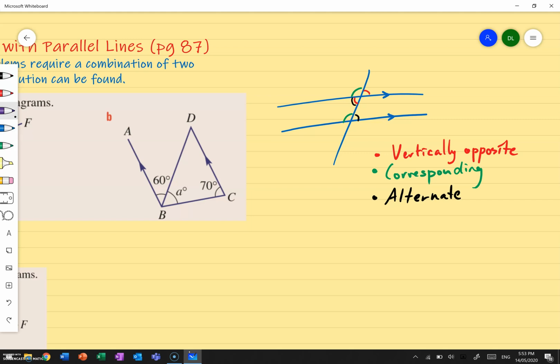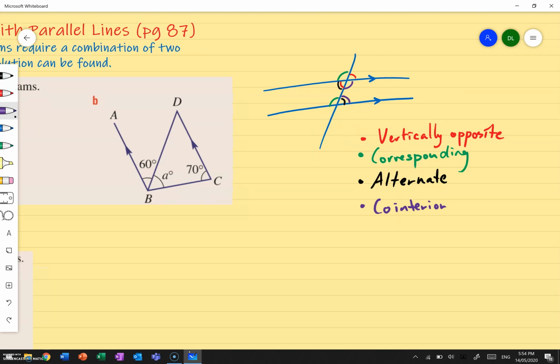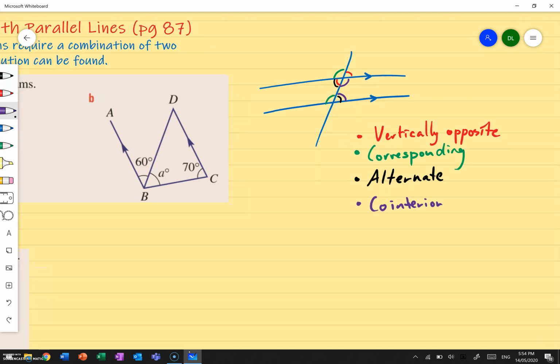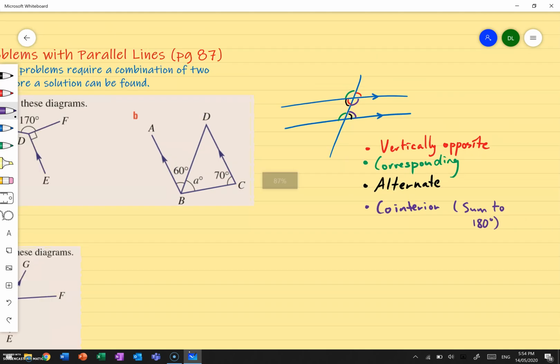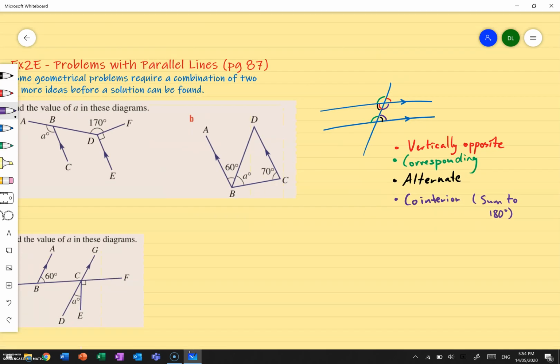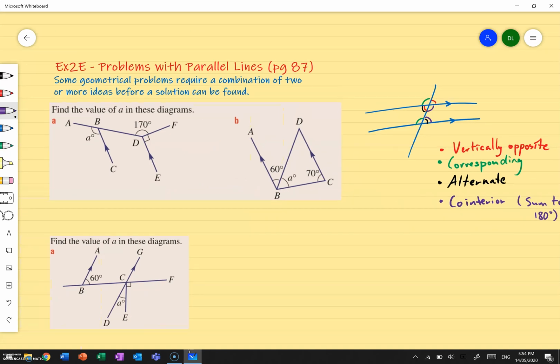Remember, co-interior is not the same angle, it's actually adding up to 180. Co-interior angles sum to 180 degrees. Just taking a look at that, we can go ahead and do a couple of steps in order to try and solve these questions.